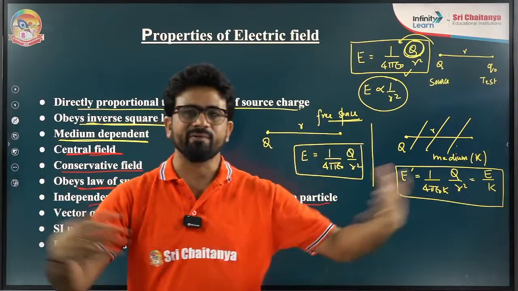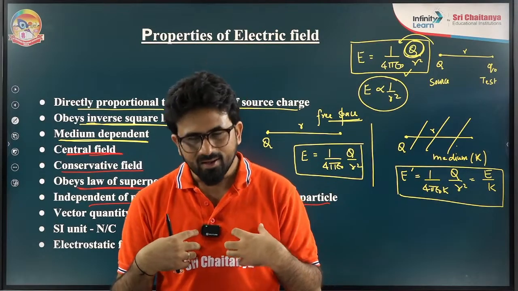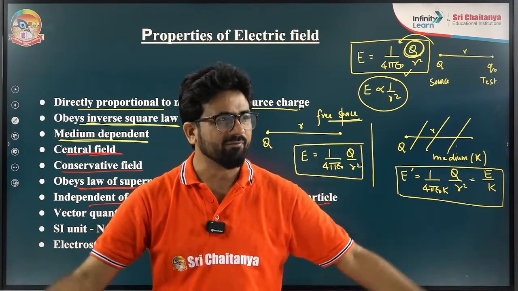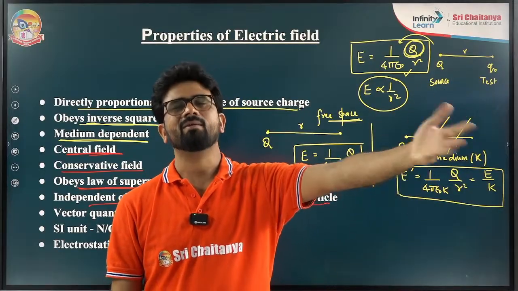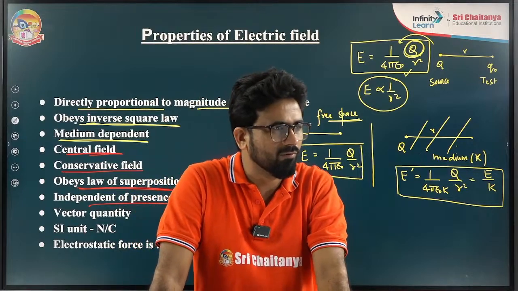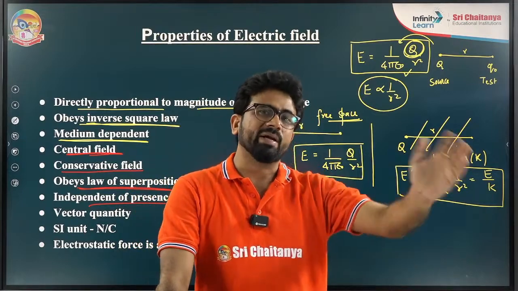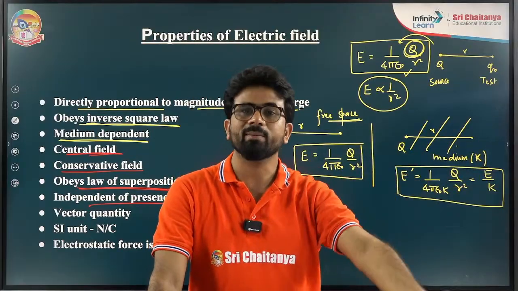I am creating my field everywhere. If I am a positive charge particle here, I am creating a field in every direction. But if any other charge particle is present here, it will experience a force. If it is not present, definitely it will not experience any force. So whether another charge particle is present or not, I am creating my field.